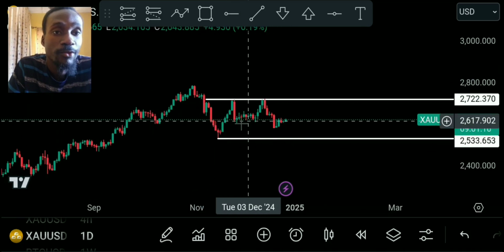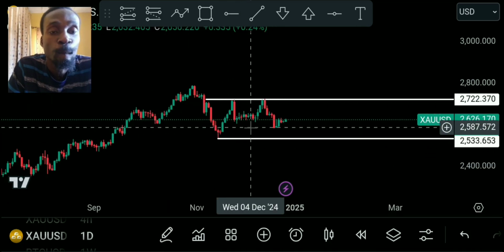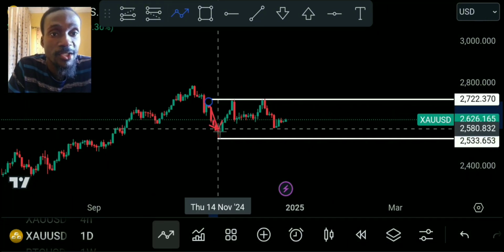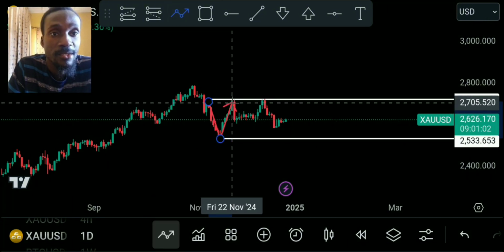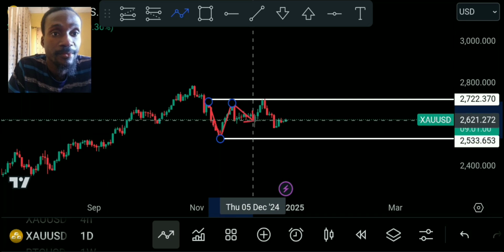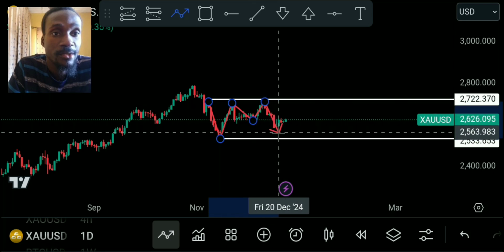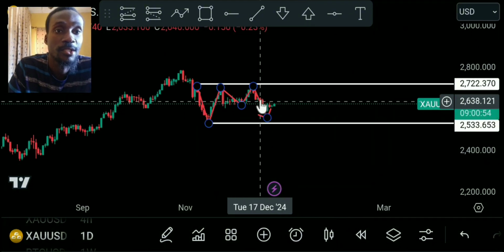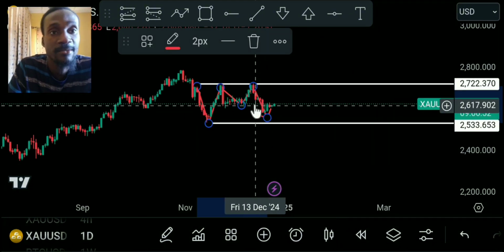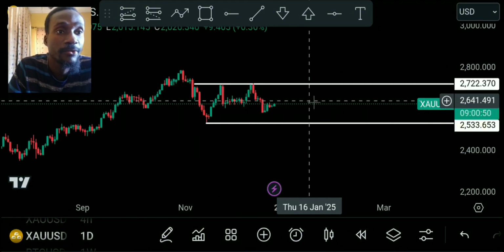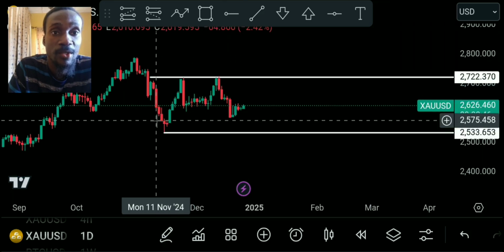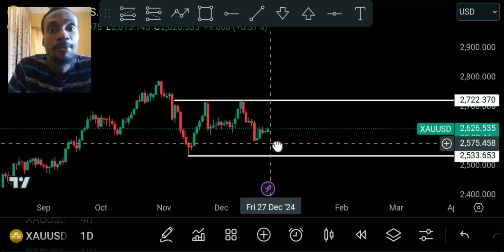So the market has never moved beyond this level, and it's just like the market has been ranging. But from our higher time frame, we know that what we are looking for is a buying opportunity, as the market is currently upward.